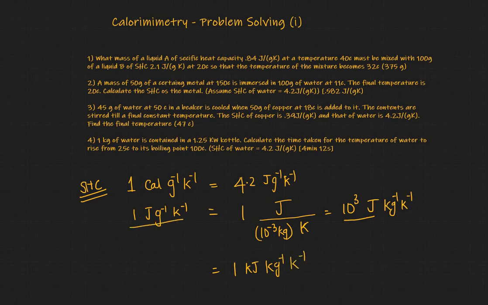So joules per gram is the same as kilojoules per kilogram because you added kilo in the top and the bottom. But if you want to write it as joules per kilogram, then you have to multiply it by 10 power 3. So with this in mind, let's get started with the problems.